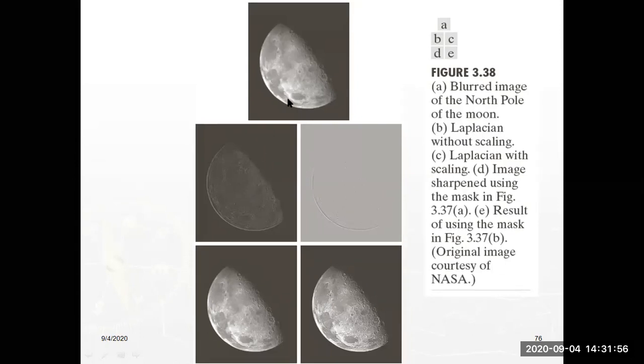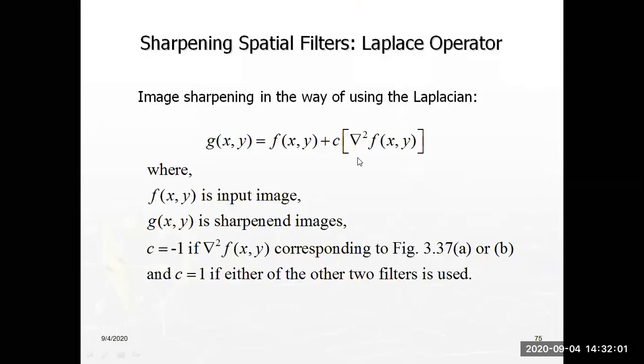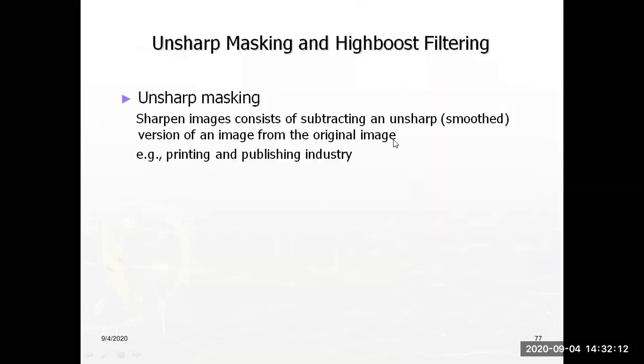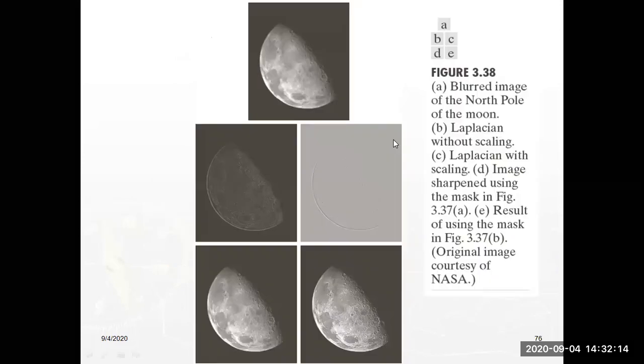Here we have applied the Laplacian, that is this operation, but without scaling, so c equals 0. Next, C is the Laplacian with scaling. If you use some scaling, this is the Laplacian. Next, image D is the image sharpened using the mask in figure 3.37a.